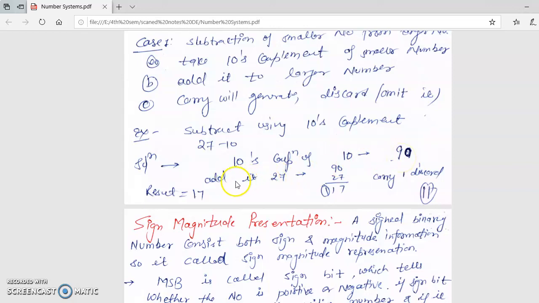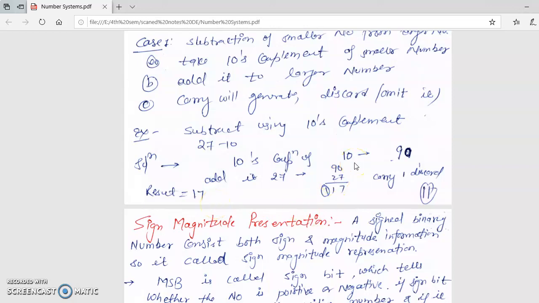Next, add it to the larger one, that is 27. We get the 117. Carry is generated, but we discard this carry. So we get the answer is 17, that is 17 base of 10.